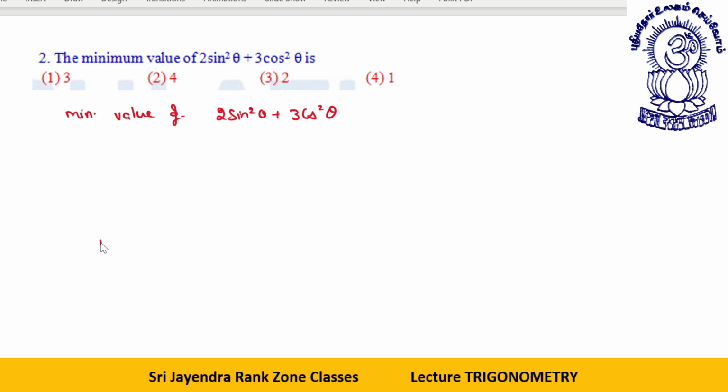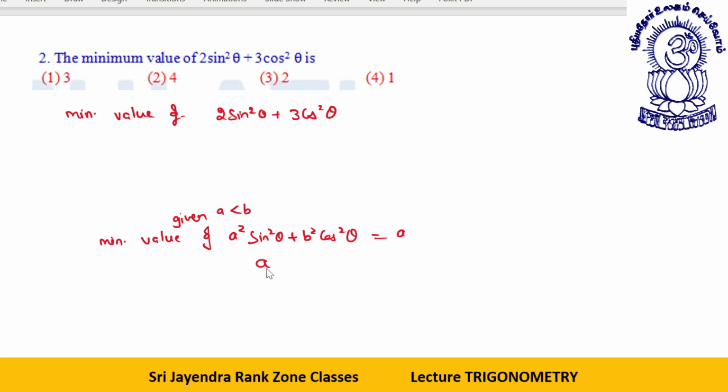The minimum value of a square sine square theta plus b square cos square theta. If a is less than b, given this number a is less than b, then the minimum value of a square sine square theta plus b square cos square theta is a.